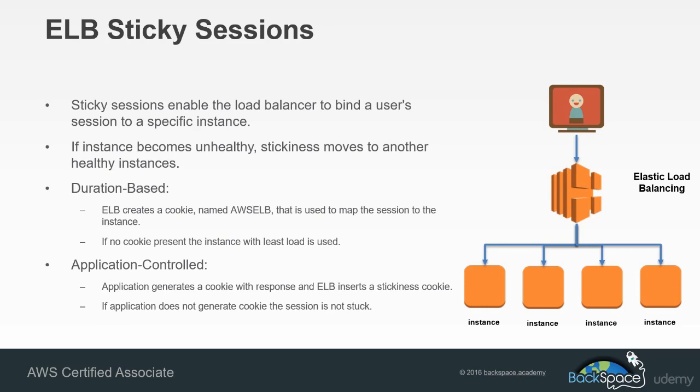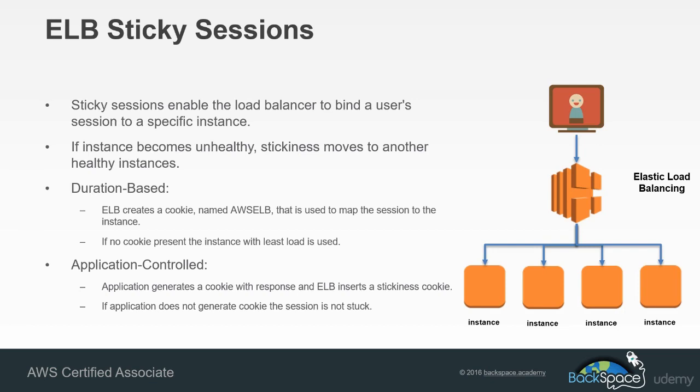So the other thing we can look at is ELB sticky sessions. We already know about those because we've done our highly available and fault-tolerant architecture lab. They are implemented to enable the load balancer to bind a user session to a specific instance. So if the Elastic Load Balancer changes our instance on us, our client application is not going to get into a problem.